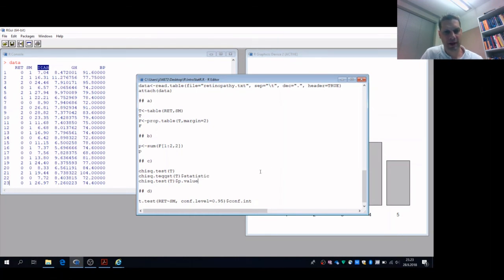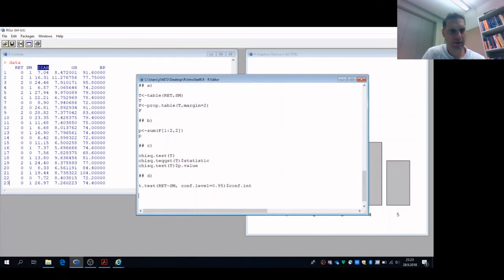So what we really need to do is to use the cut function, cut diap for example in 4 categories.